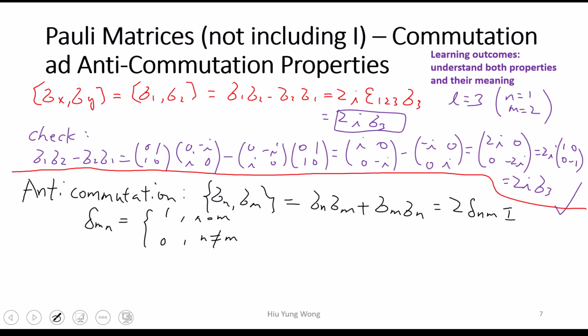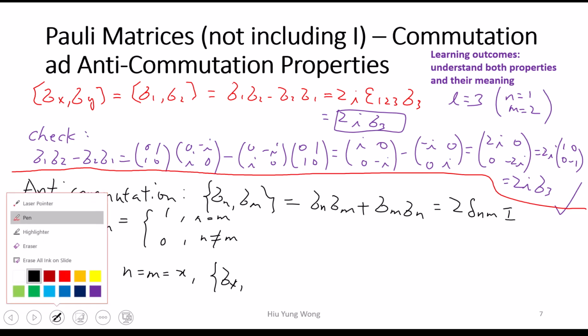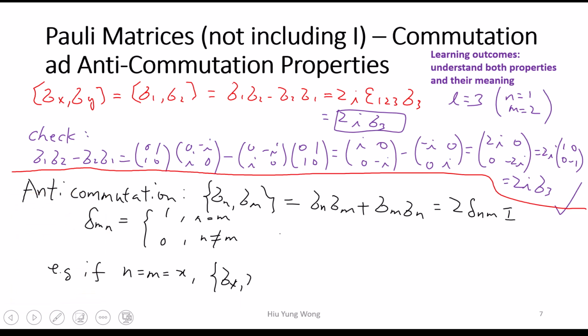This is very easy to see, right? For example, if n equals m equals, let's say, x, then you have sigma x times sigma x plus sigma x times sigma x, which equals 2 sigma x squared.